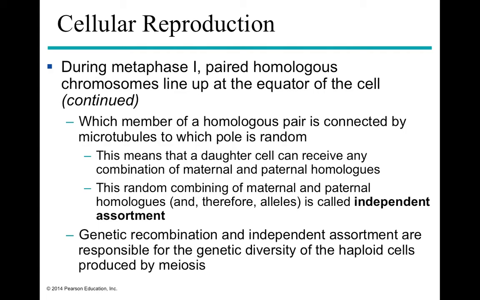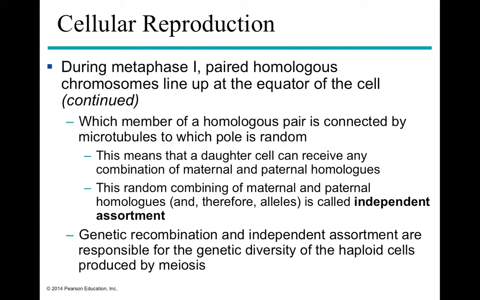However, the fact that we have a random combination of both maternal and paternal homologs without even having any of that crossing over that we just talked about, that's called independent assortment. And that's like flipping a coin to determine whether or not you get a maternal or a paternal homolog for chromosome 1. Basically, when the egg is being created, we're determining whether or not, in this case, the grandfather's or the grandmother's copy of chromosome 1 goes into one copy of the egg, and the other one goes into the other copy of an egg.